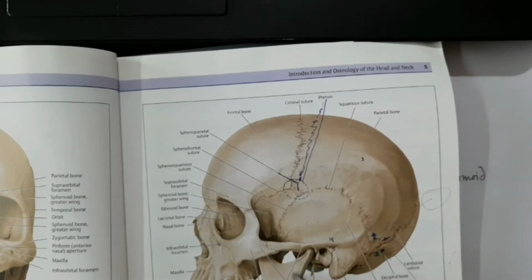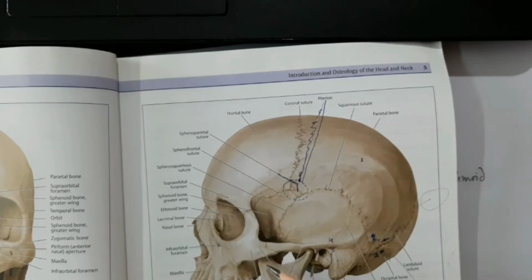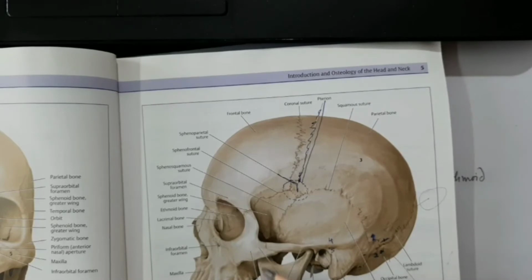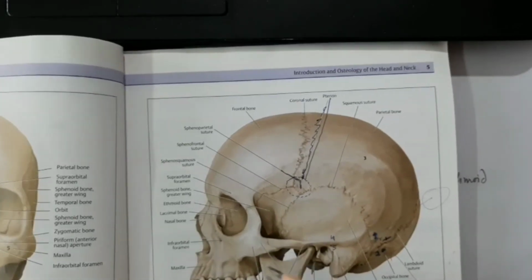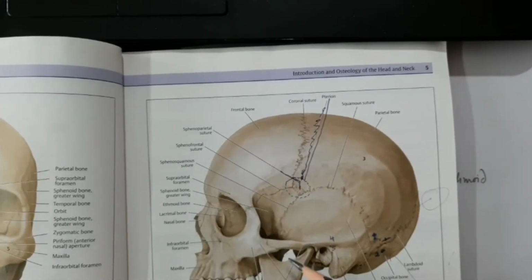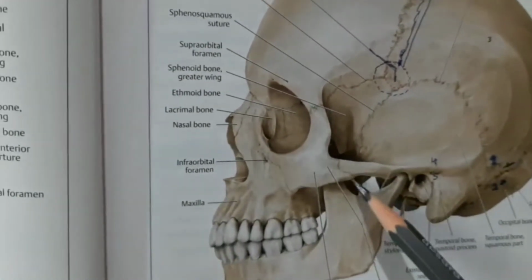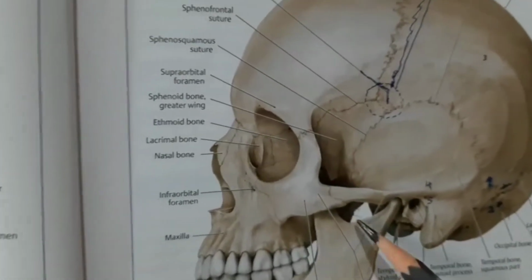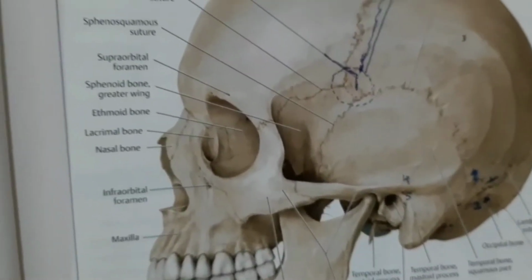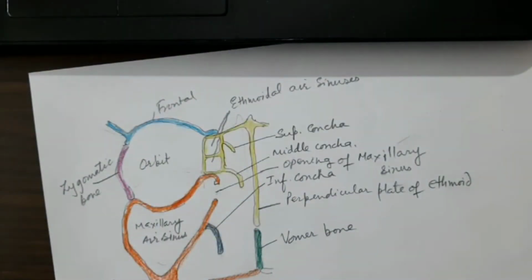If you remove the mandible in an articulated skeleton, then you can see both the pterygomaxillary fissure and the posterior surface of the maxilla forming the anterior wall of the infratemporal fossa. Okay, I was talking about the pterygomaxillary fissure here and the infratemporal fossa. After removing the mandible it will become much more clear. So this is the posterior wall of the fossa.